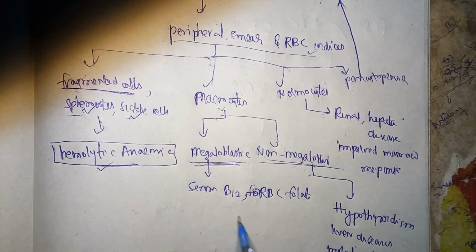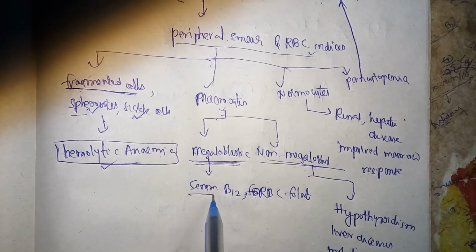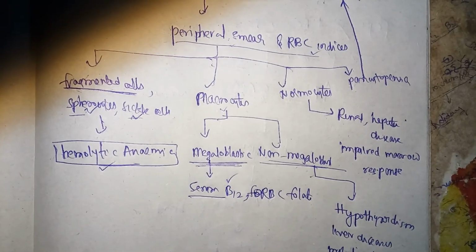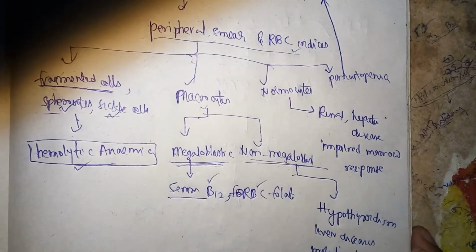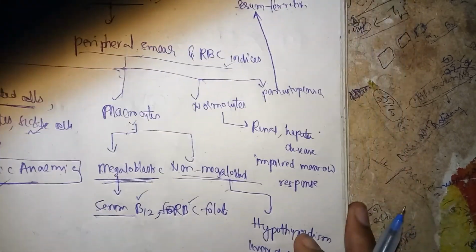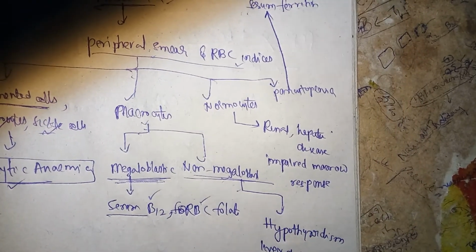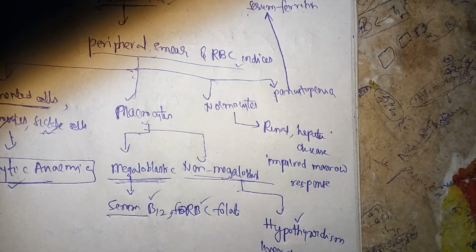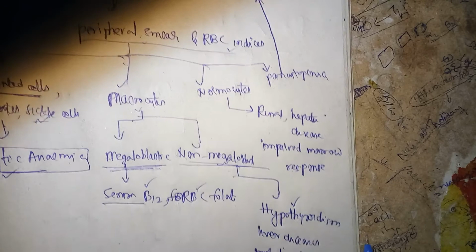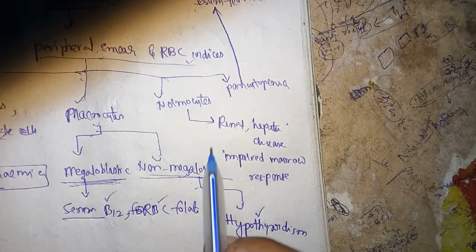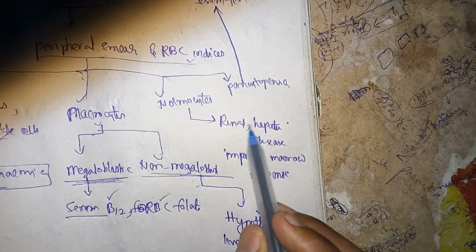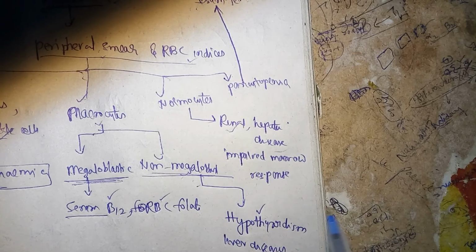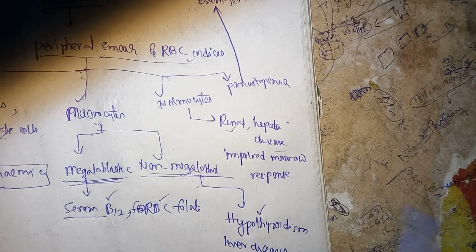If it is megaloblastic anemia, the cause could be B12 deficiency or folate deficiency. In non-megaloblastic, the reason could be hypothyroidism or liver diseases or myelodysplasia. In normocytes, the cause could be either renal diseases or hepatic diseases or impaired marrow response.